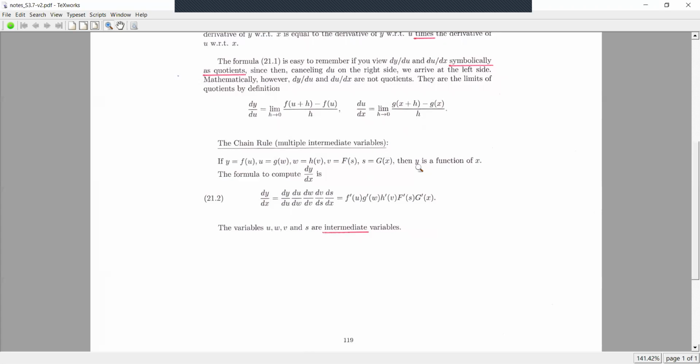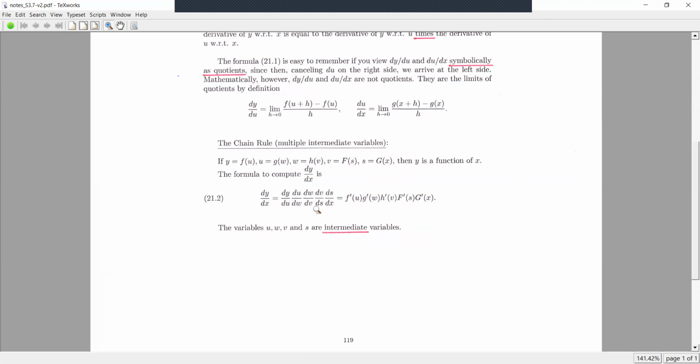Now, the formula to compute the derivative of this function is dy/dx equals dy/du, the derivative of this function, times du/dw, times dw/dv, times dv/ds, times ds/dx, each the derivative of the corresponding function.